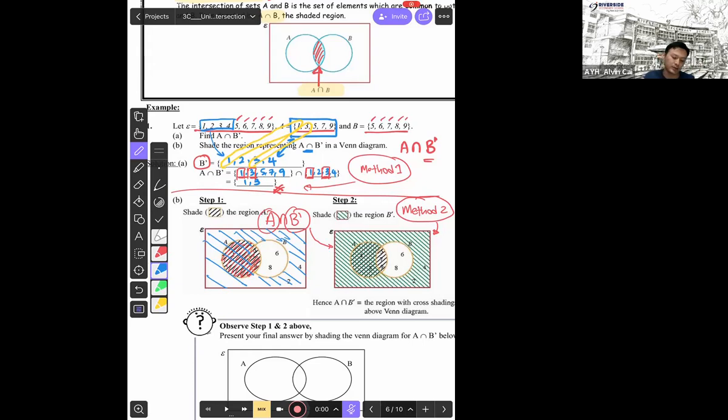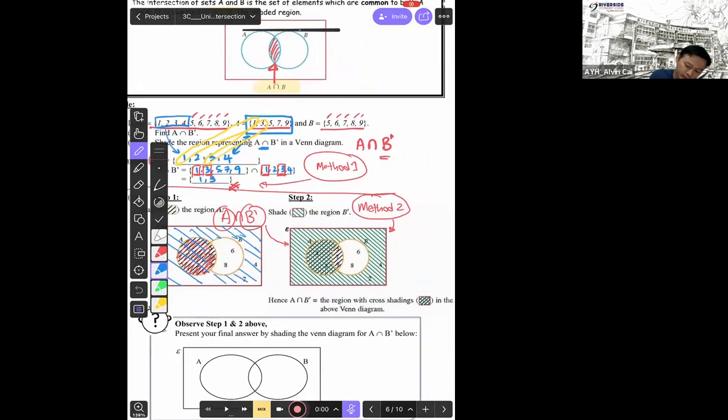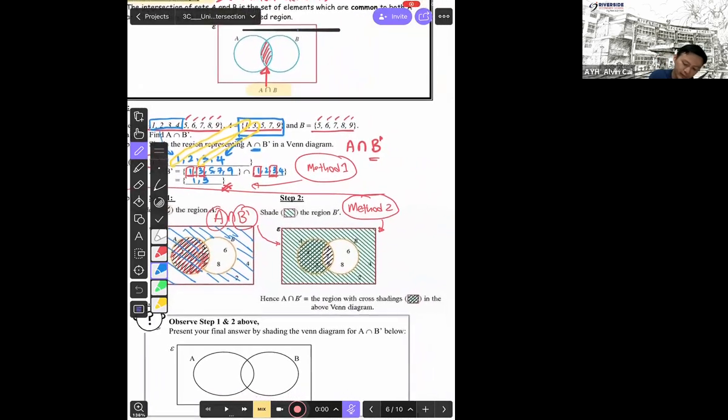So over here we want to find the intersection, the common elements. The common element that we can have is the one that has both shadings. Can I get you to highlight this portion? The cross shading will be the final answer, that means the one that crisscrosses. So where is that area? If I shade this portion over here, this portion is the one that has crisscross.